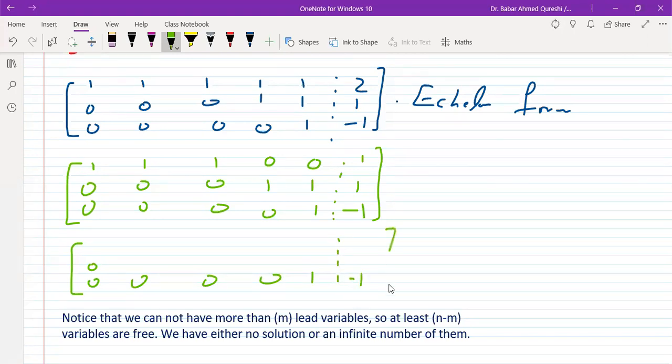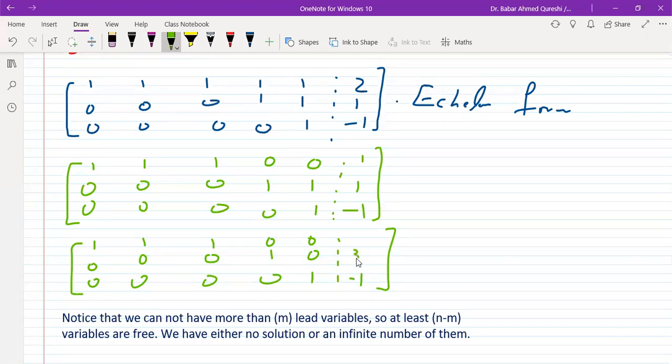In the first row, things are already in the correct form, so not gonna change that. But take -1 and add it above. -1, that's 2, 2 plus 1, 3.